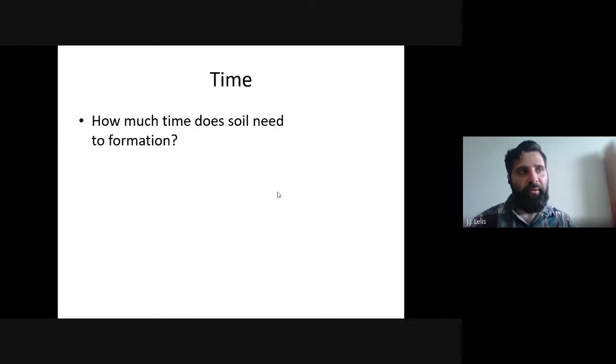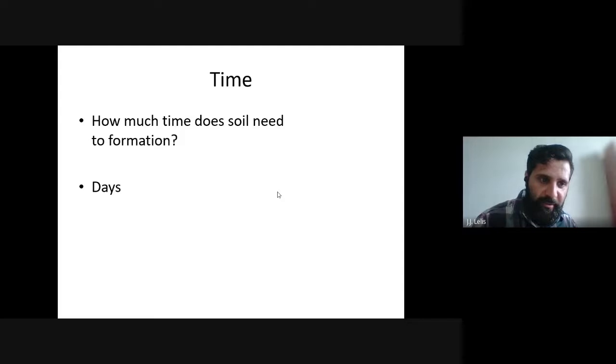And if you have a parent material that has a higher or lower content of clay, or if the parent material is a felsic rock or mafic rock, of course, all the soil formation processes will be different, and they span different times. But it's quite important to understand how much time they need to produce soil, okay?